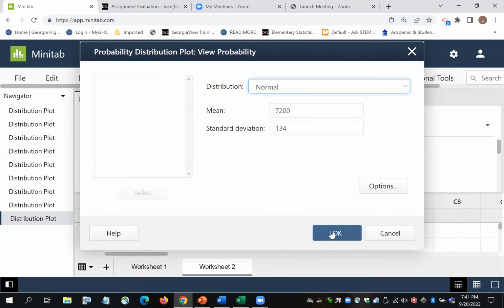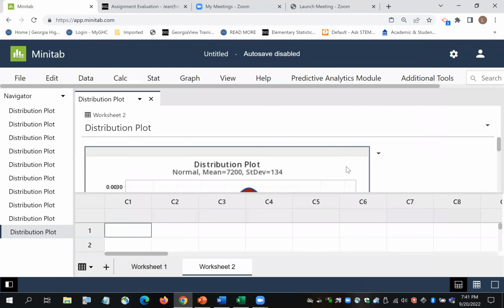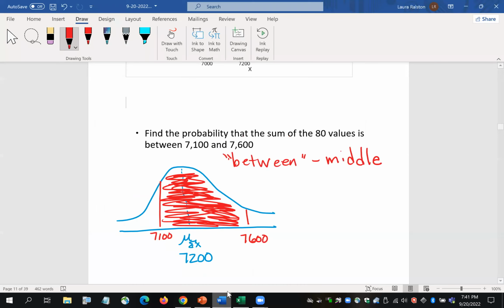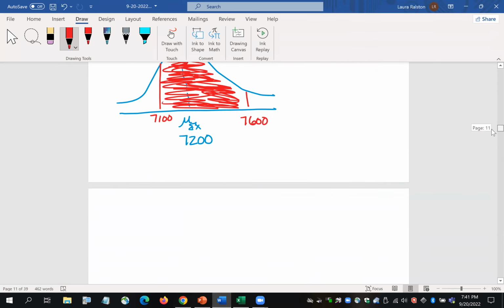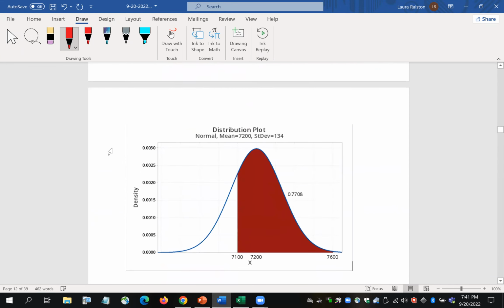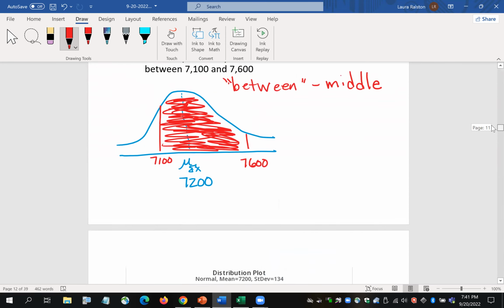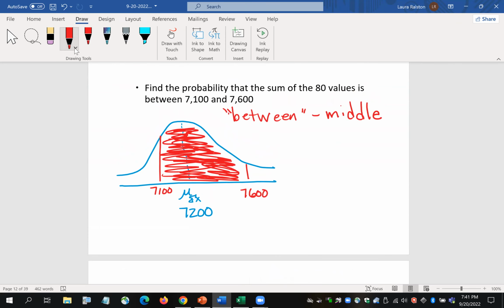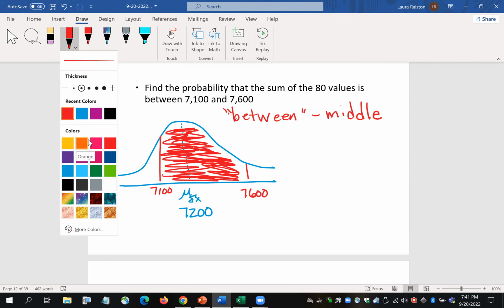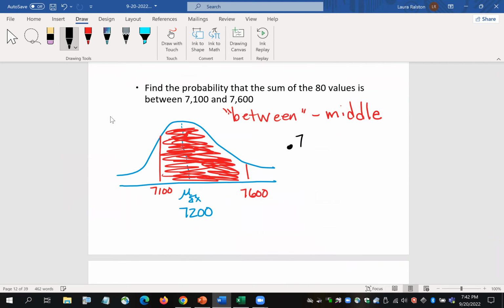We click OK, OK, and we get the graph. So we have 0.7708. So the probability that the sum is between 7,100 and 7,600 is about 77%.